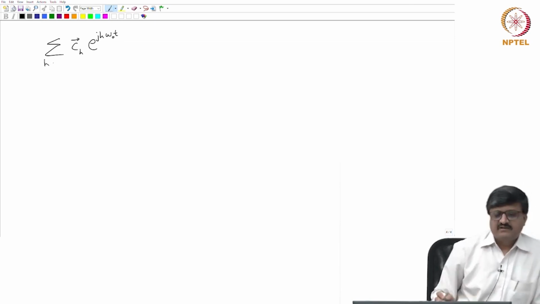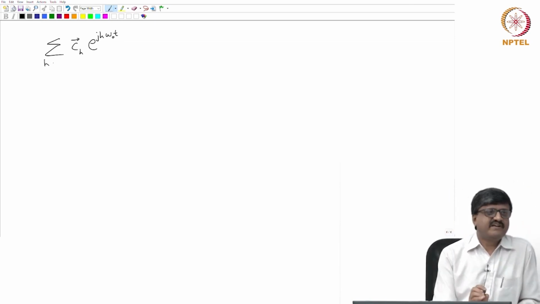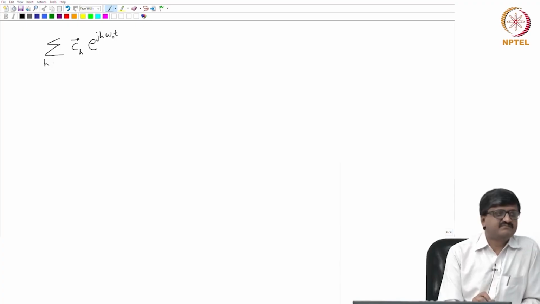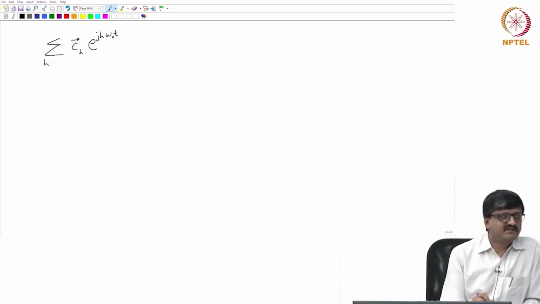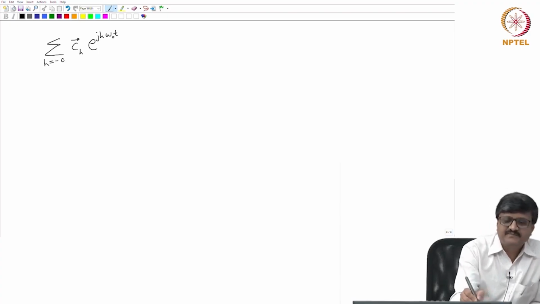This summation is taken over different values of h. What are the values of h? It is minus infinity to plus infinity.